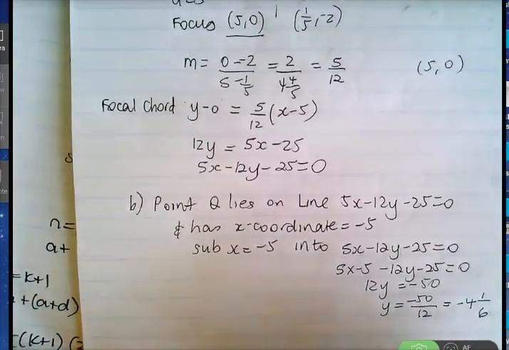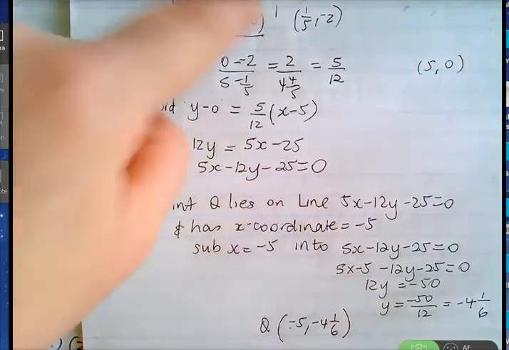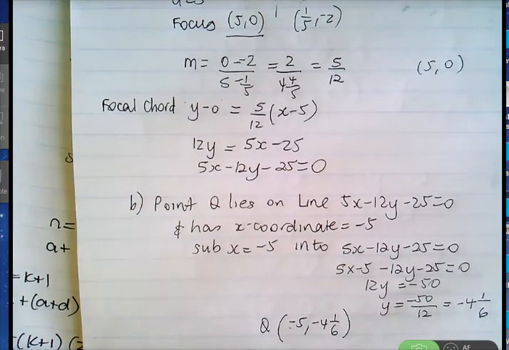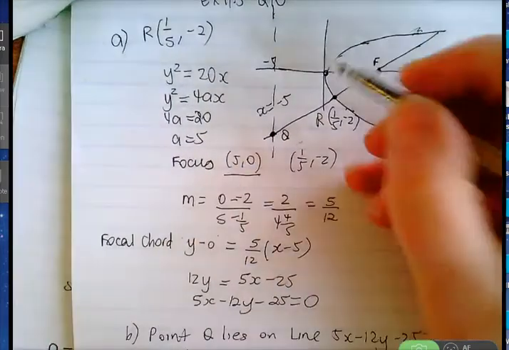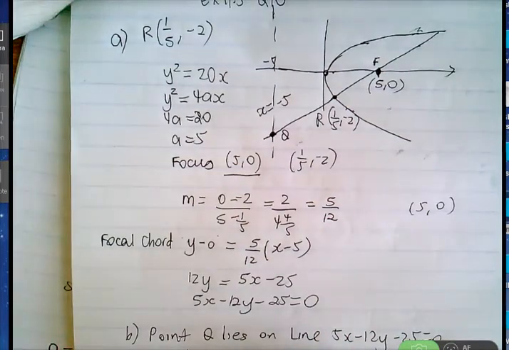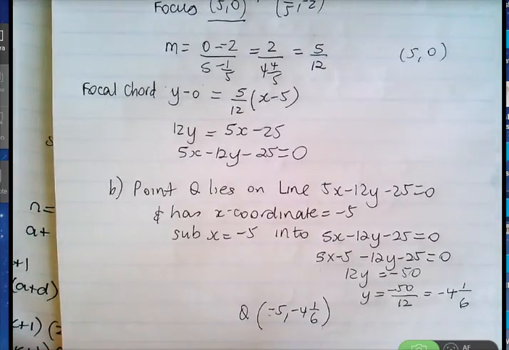Okay, so therefore Q has coordinates (-5, -4 and 1/6). See, girls, it really helps to do a sketch. You do a sketch up here, and you can see that Q has a negative x and a negative y value. All right? So we've got the coordinates of Q.